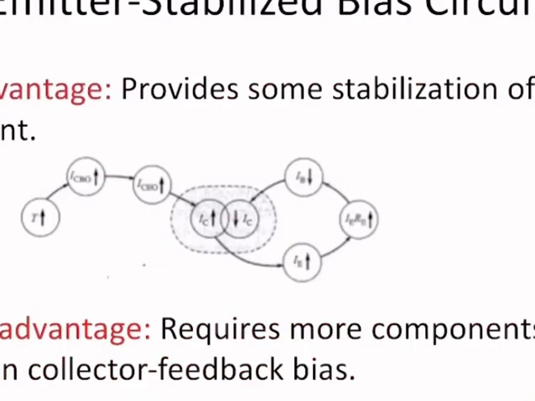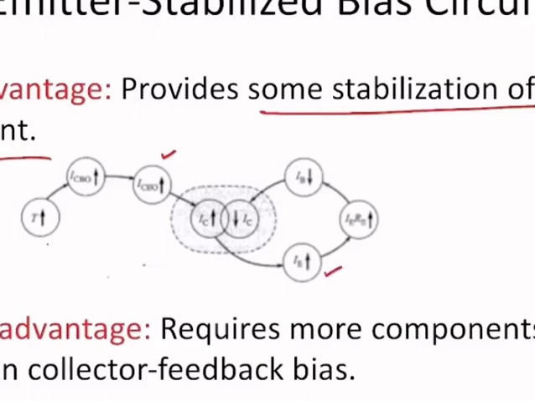Now the advantages and disadvantages of this circuit. The first one is an advantage. It provides some stabilization of the operating point. Now the question is how it provides stabilization of the operating point. You can see in this figure, if temperature increases, ICBO increases. Due to the increase in ICBO, ICEO increases. Due to this ICEO, the collector current IC will increase. Due to the increase in collector current, the emitter current would also increase.